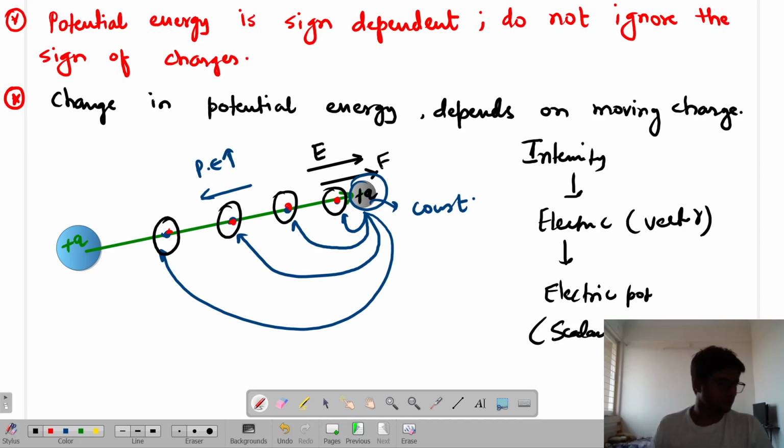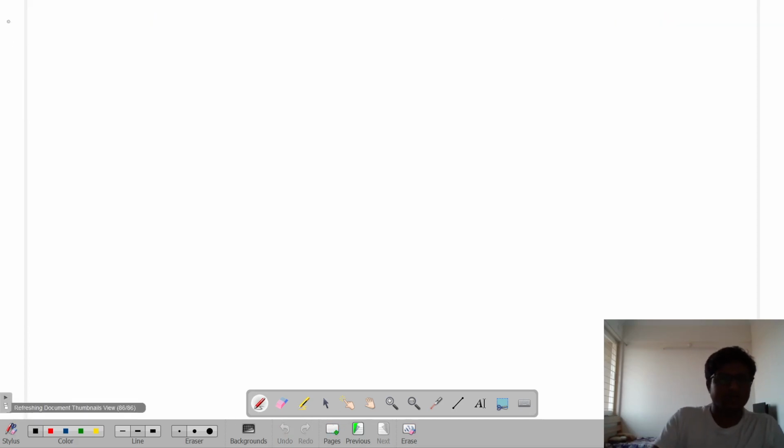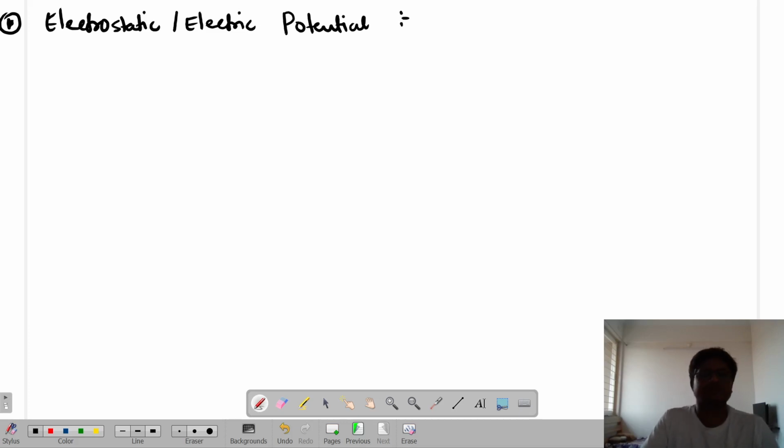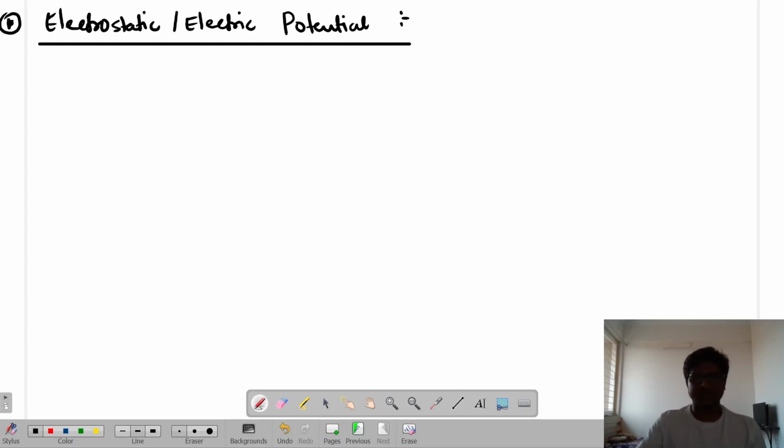So look over here. Let us define how electrostatic potential, or electric potential, is different from potential energy. It is defined as work done per unit charge.